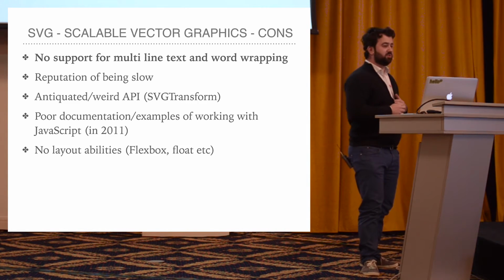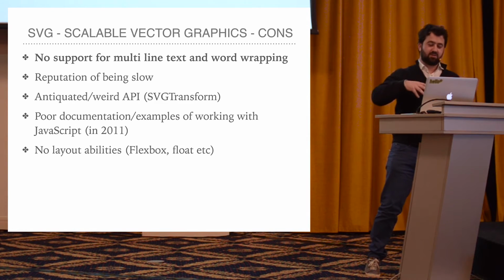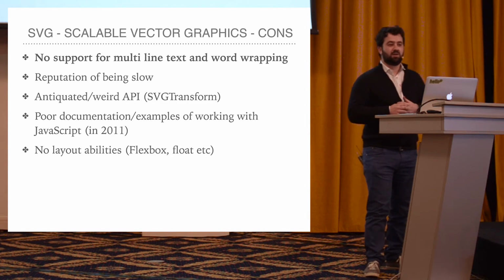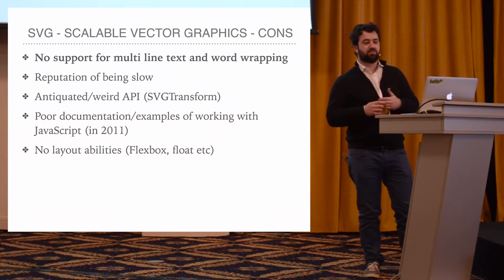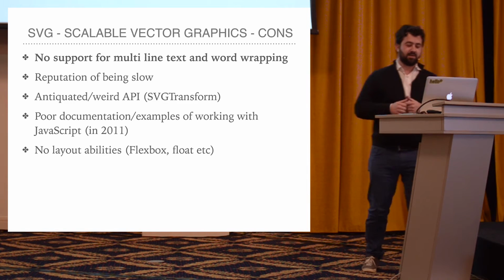SVG has really poor support for text, and not only the lack of word wrapping, but also it's really poor in terms of displaying text. So Firefox, Gecko-based browsers were producing really bad display of text. By now, I don't know, because we're not using it.